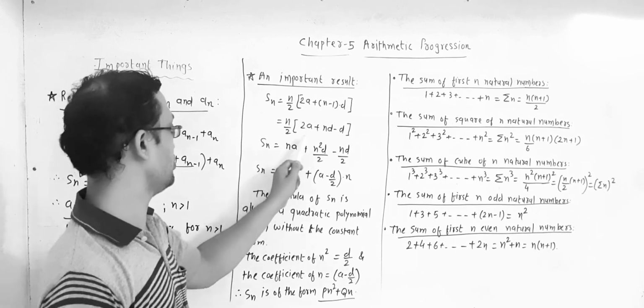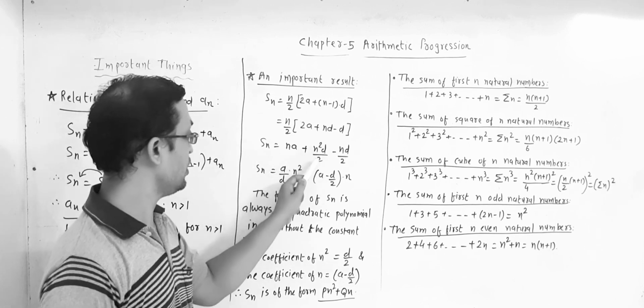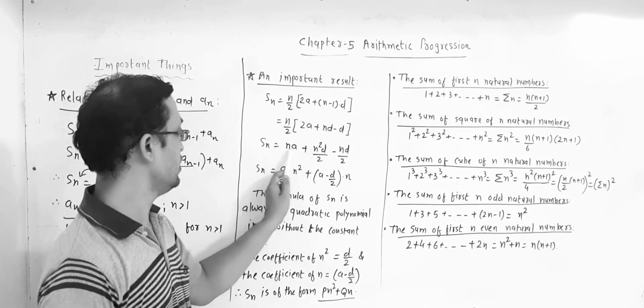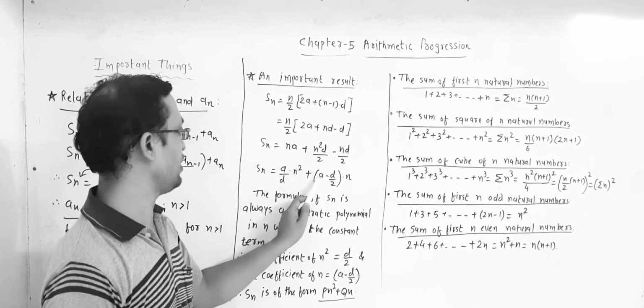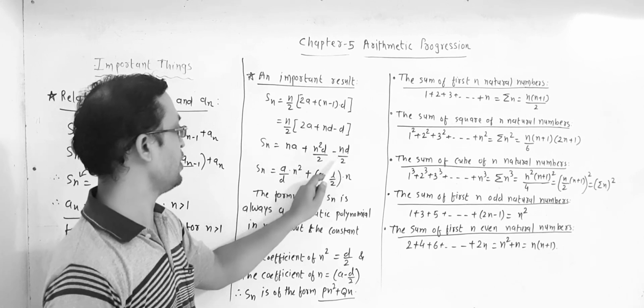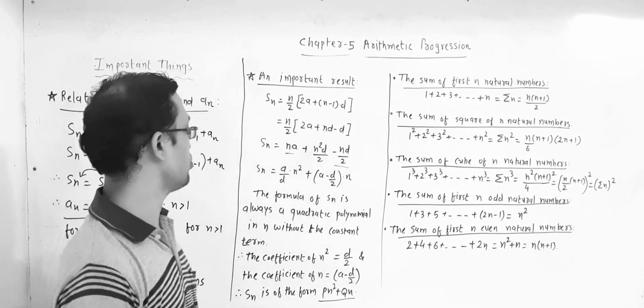Therefore Sn is D by 2 into n square plus, taking n common, A minus D by 2 into n.